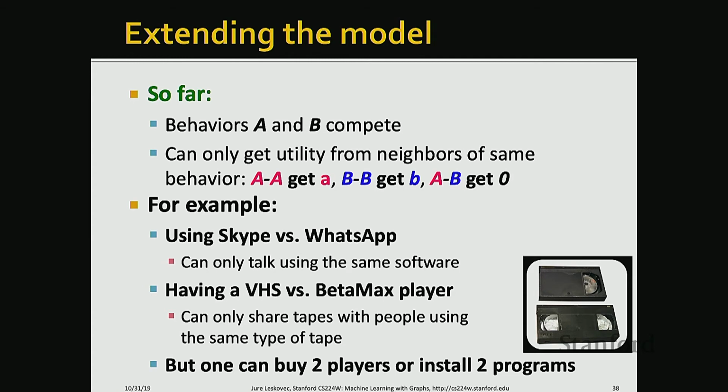Or even in a case where the barrier is slightly higher and involves actual cost, there were people back then who had both VHS and Betamax. You could have 2 VCRs at home, and then you were able to borrow movies from all your friends, no matter what technology they adopted. That's why generalizing this model is important, because this kind of scenario happens very often.